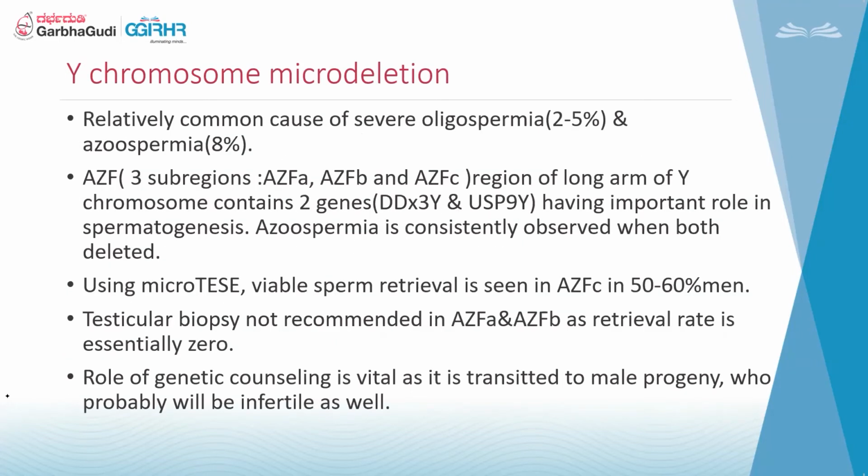Y chromosome microdeletion is a relatively common cause of severe oligospermia, 2 to 5%, and azoospermia, 8%. There is a region, the azoospermia factor region, which has 3 subregions, azoospermia factor A, B, and C. These regions are on the long arm of the Y chromosome and contain 2 genes, DDX3Y and USP9Y, which are important for the spermatogenesis process.